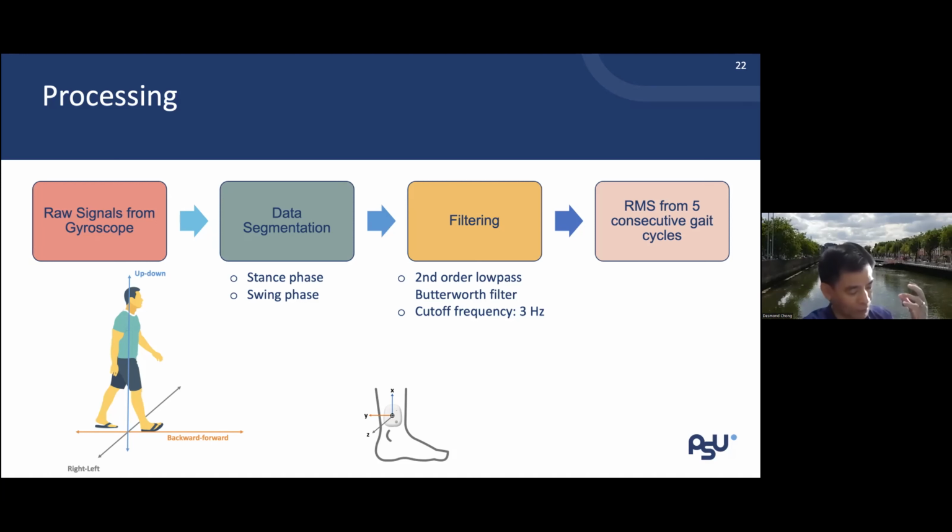Because from the gyroscope you get the angular velocity, then followed by the angle, the range of motion, and from the acceleration you can get the velocity and the distance covered as well. Would this be sufficient? So you really want to capture how a stroke patient responds or behaves when they are going through rehab or their normal activities.